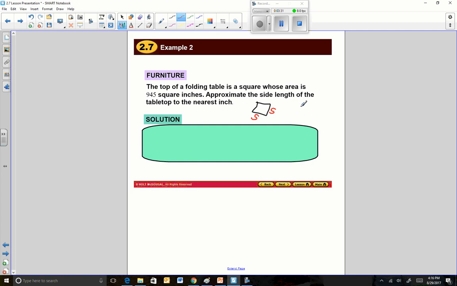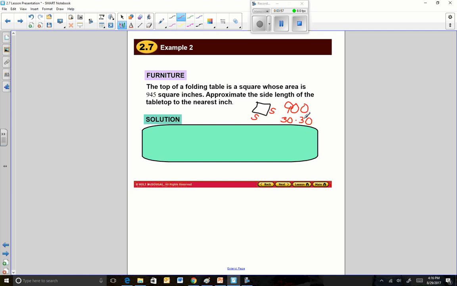So we need to think of numbers that will multiply together to get you close to 945. A number that's close to that is 900, since the 9 is in the front. So let's try 900. 900 is close to 945, and that would happen if you took 30 times 30.